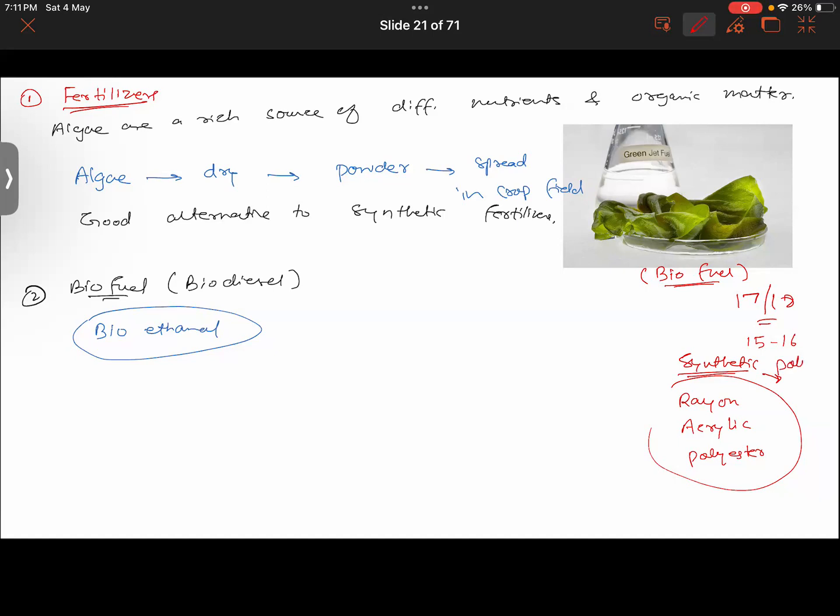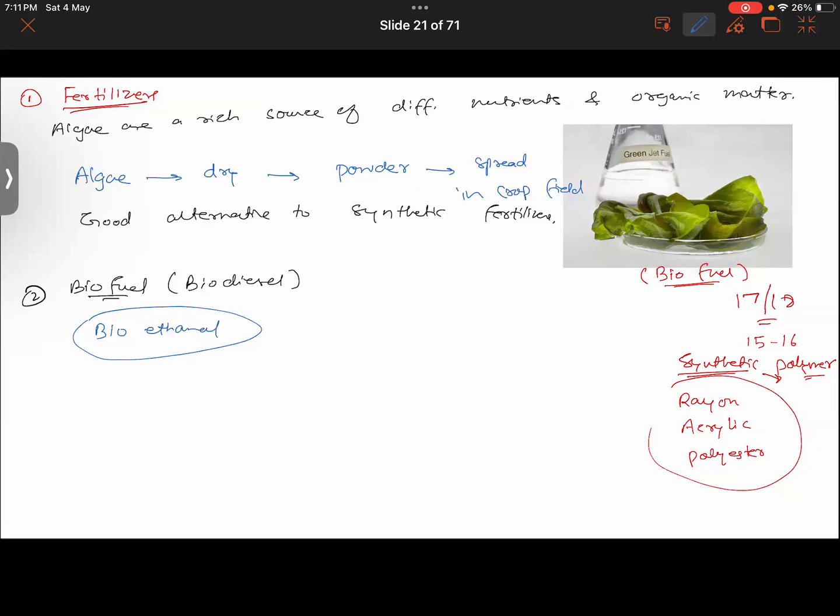So they consist of synthetic polymer in them. Then you have fibers like cotton and silk. So they have natural polymers in them, isn't it? Is that clear? Yes, sir. Okay. Then talking about this algae, algae is also able to create natural polymers.